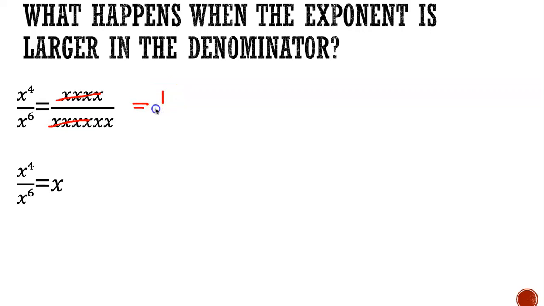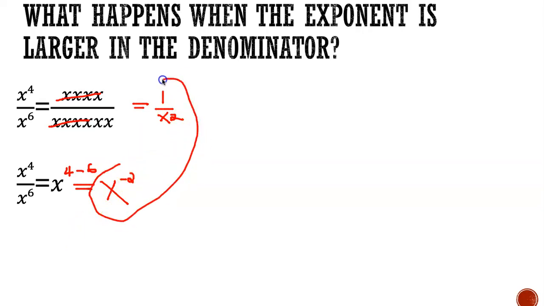So we get 1 over x squared. And this is also equal to, we can think about this as subtracting exponents. 4 minus 6 is equal to x to the negative 2.